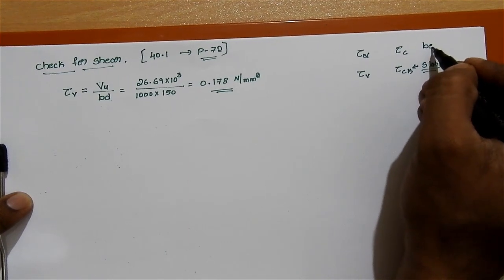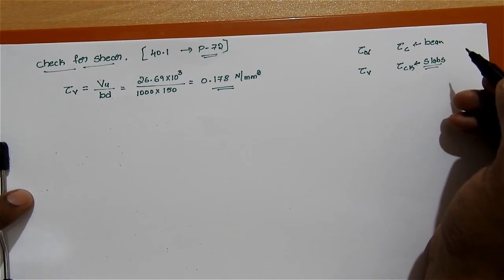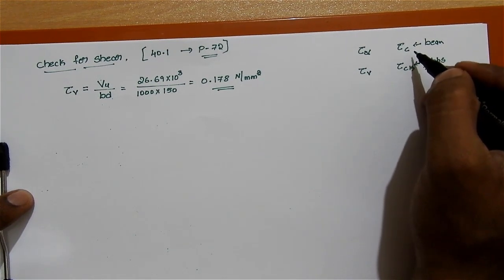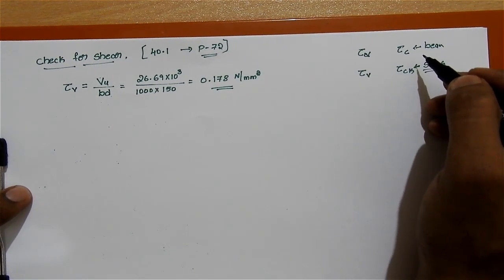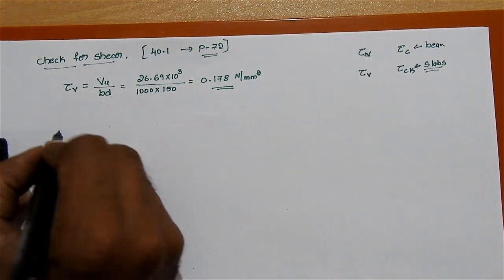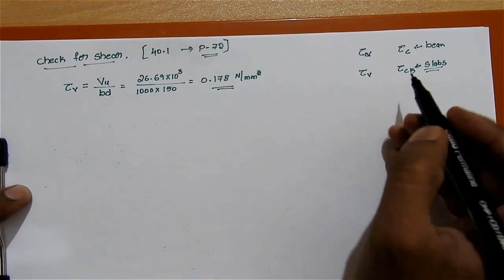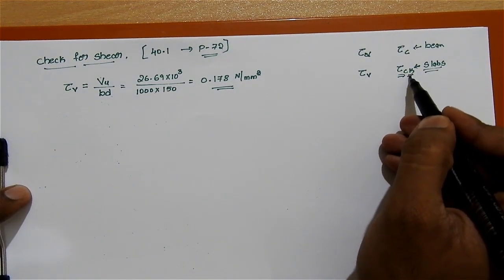Now, how to get tau c k? On page number 73 you have a table. In that you will get the value of tau c, then you multiply by the k value, you will get tau c k.